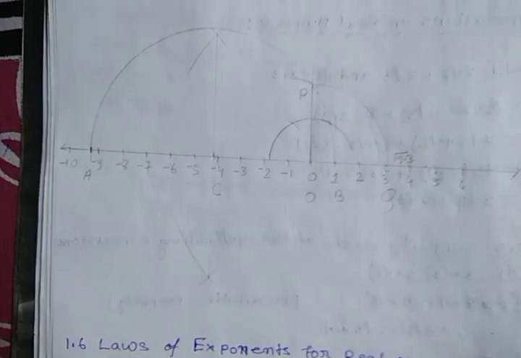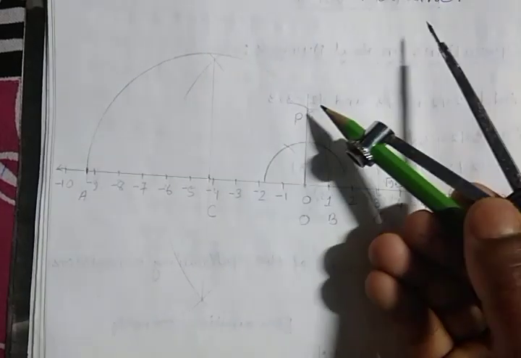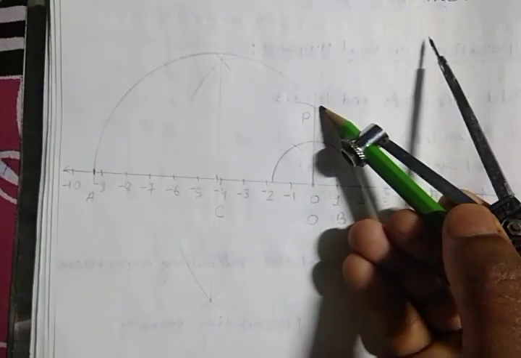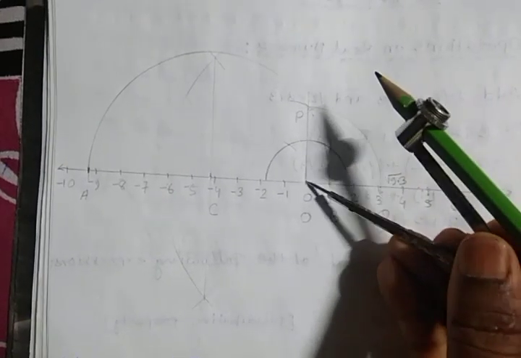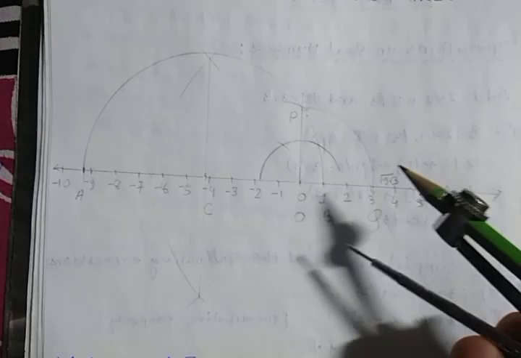After that you will see that the perpendicular line intersects the semicircle at the point P. Then you have to measure this OP. Actually this length OP will be the length of root over 9.3.